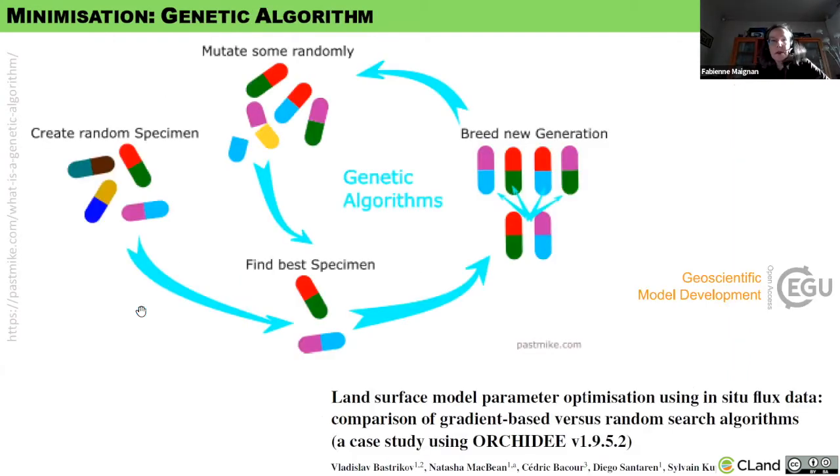So more recently, we are using this genetic algorithm. So you consider your vector of parameters to be optimized like a chromosome, and each parameter is like a gene.